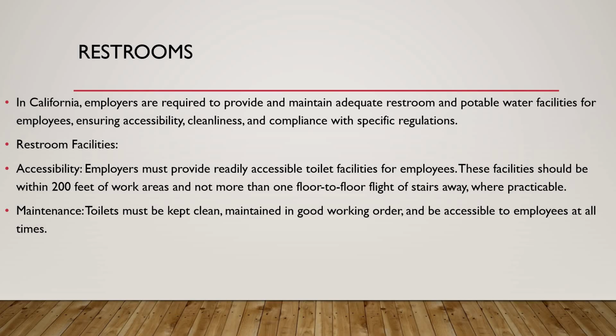So if you ever notice these big construction sites where they've got bathrooms on top, that's why, because it's not supposed to be where you have to walk a whole block to take a number 2 or number 1. It's supposed to be readily available. For maintenance, toilets must be clean, maintained, and in good working order, and be accessible to employees at all times.